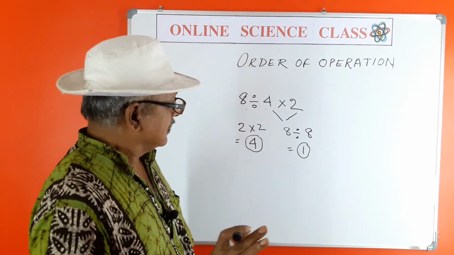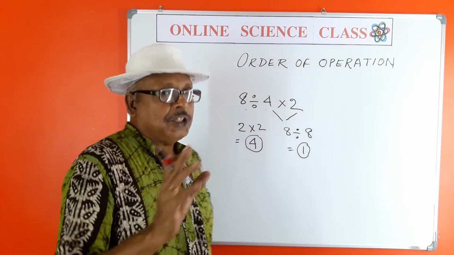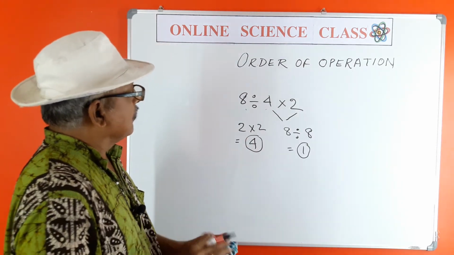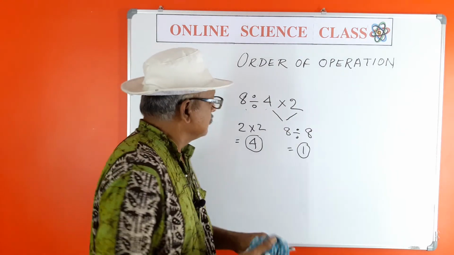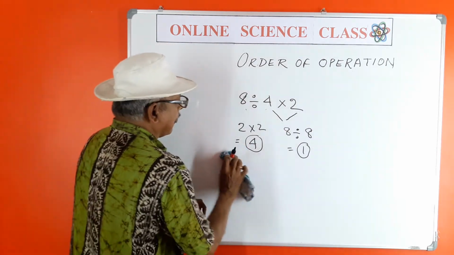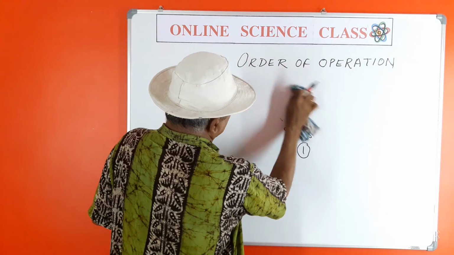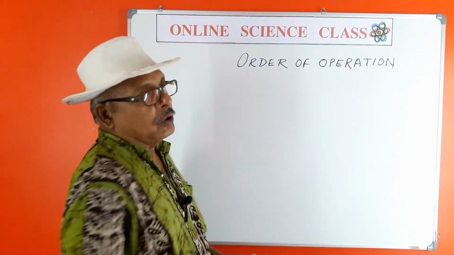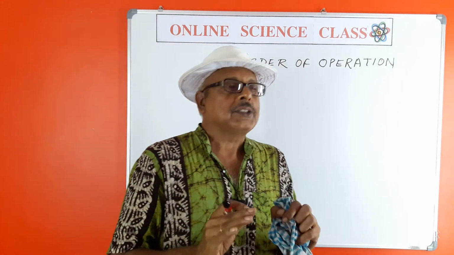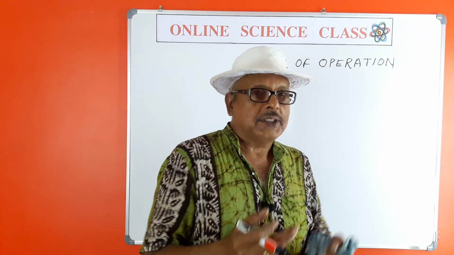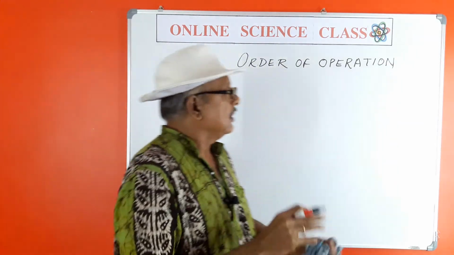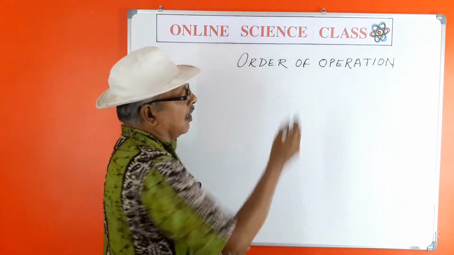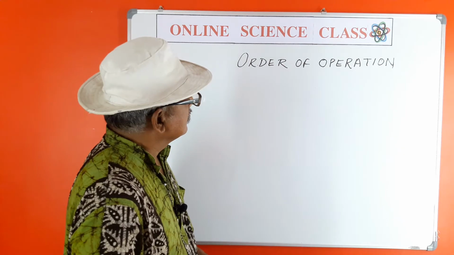But for mathematics we should reach a unique answer. So some rules are laid out. That is the sequence of these mathematical operations, which one we should do first, then which one is next. And this sequence is called order of operation.